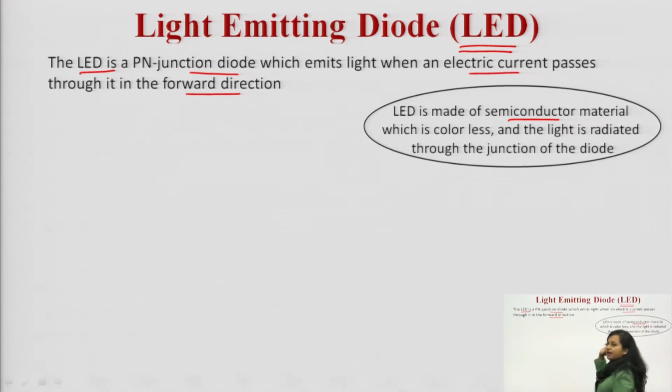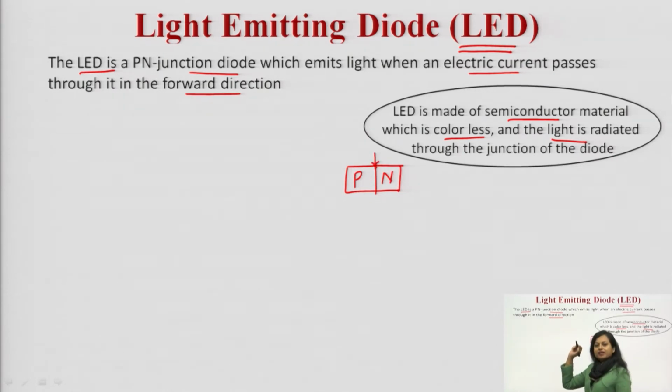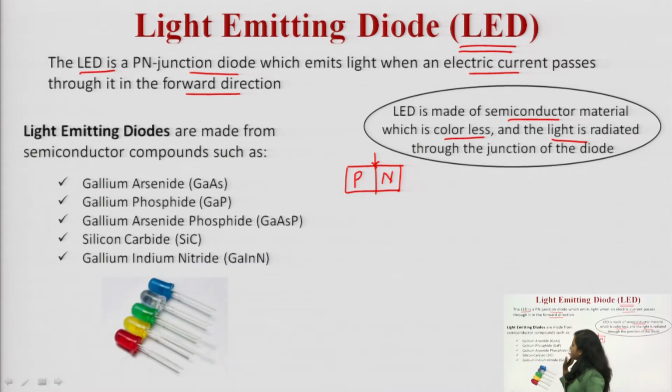So, LED is made of a semiconductor material which is colorless, and the light is radiated from the junction itself. If you join a P and N semiconductor, this is the junction. So, light is emitted from the junction itself.